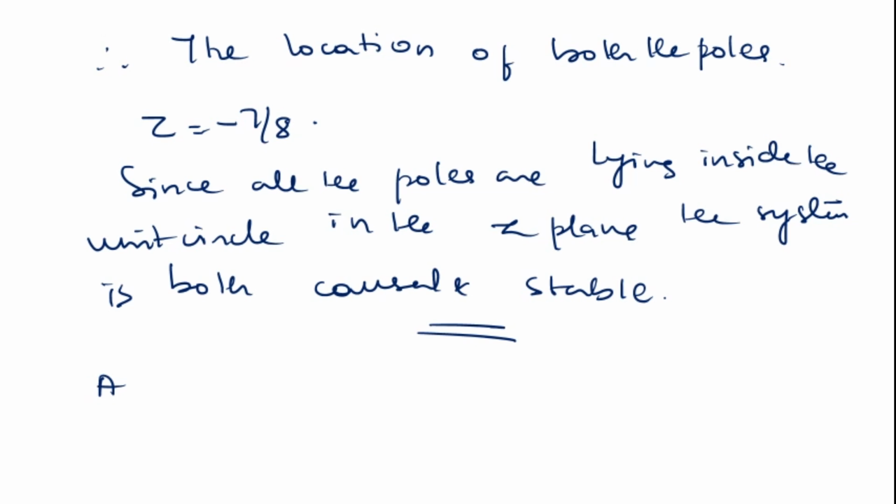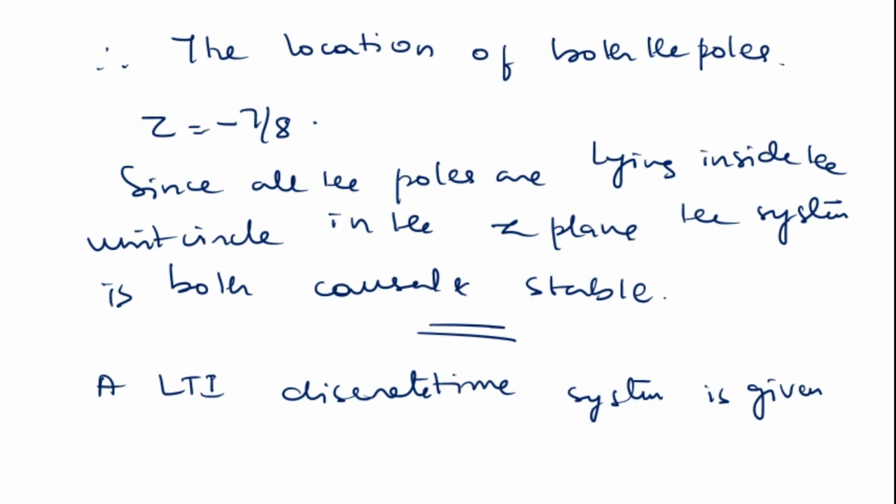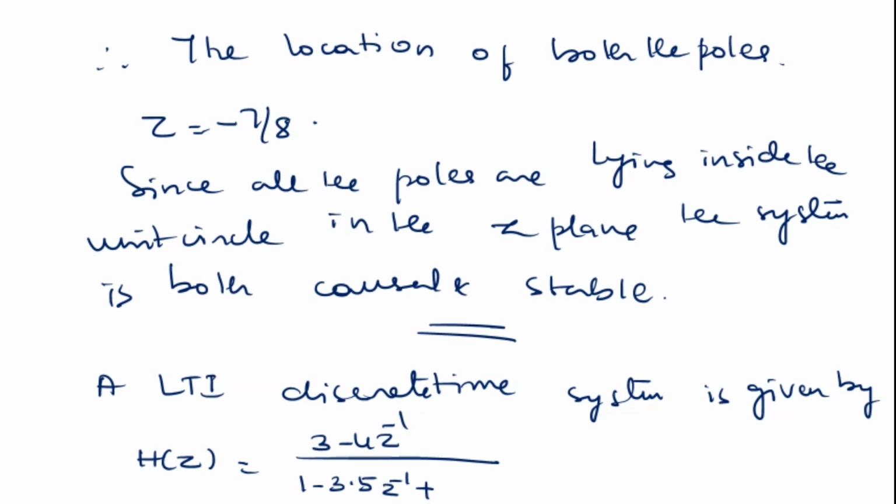Next problem, a LTI discrete time system is given by h of z is equal to 3 minus 4z inverse divided by 1 minus 3.5z inverse plus 1.5z to the power minus 2.